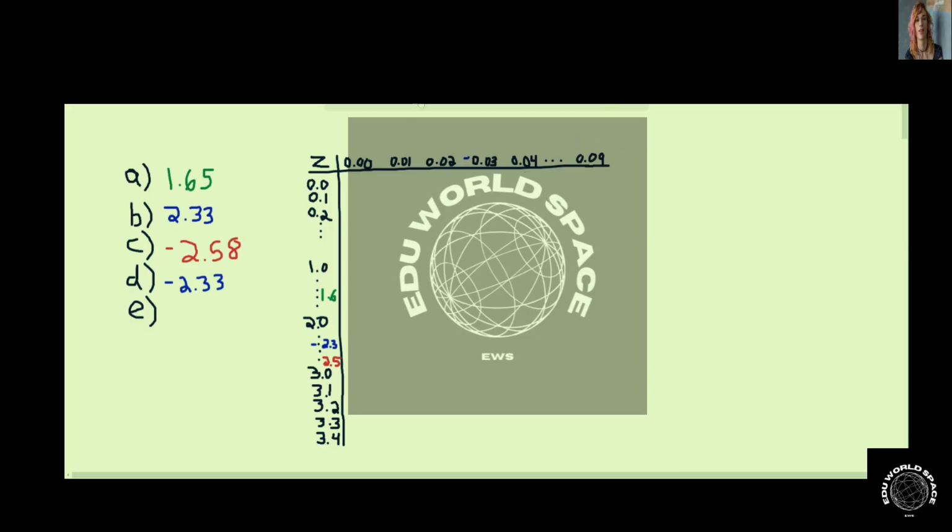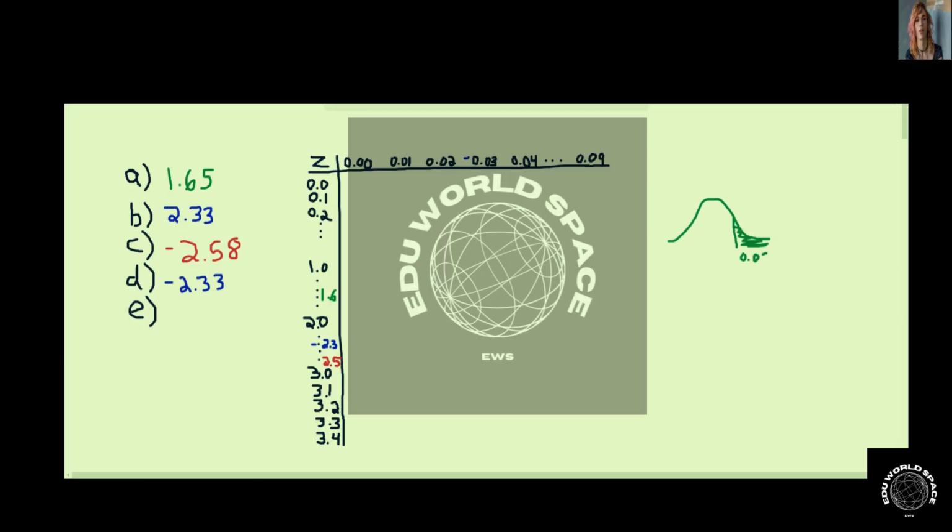All right, our final question to work out is going to be alpha level of 0.05 in a right-tailed test. So this one will be a right tail, so this area will be 0.05.